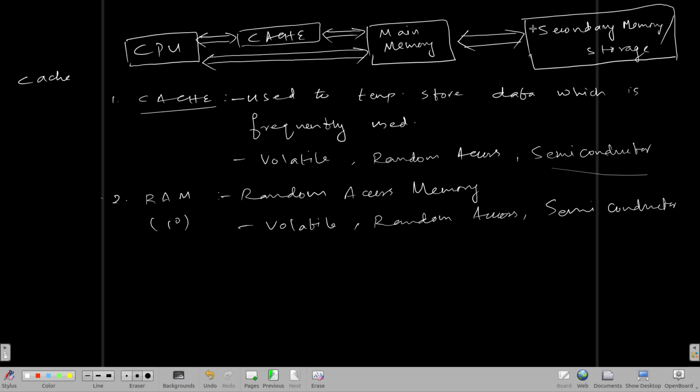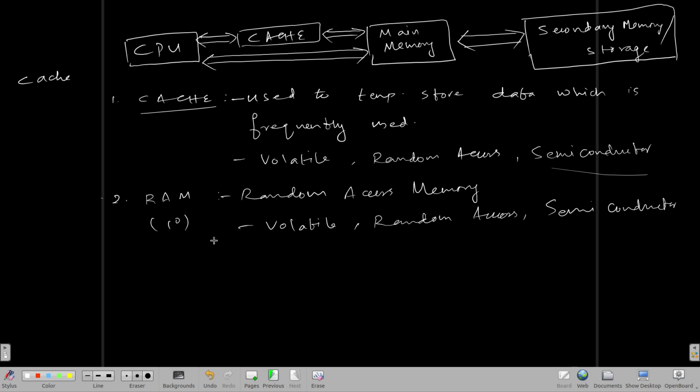It may not be limited by how much secondary memory it can handle, because secondary memory is always connected with main memory, but the limitation of the CPU limits how much main memory it can handle. And cache is usually placed on board the CPU. It comes bundled. Nowadays most modern processors will say it has a certain amount of cache, L1, L2, different types of caches built in along with the processor, right? So this is usually on the same board or chip as the CPU, but main memory is different.